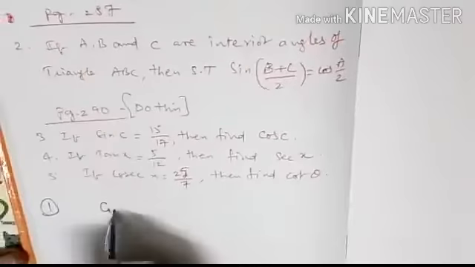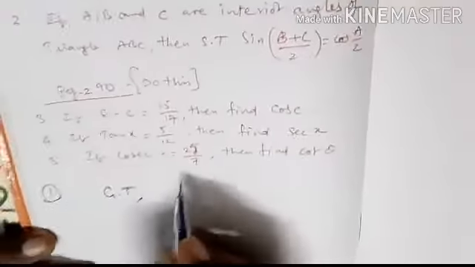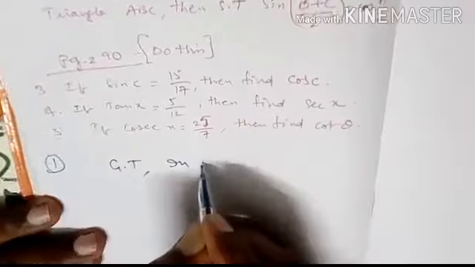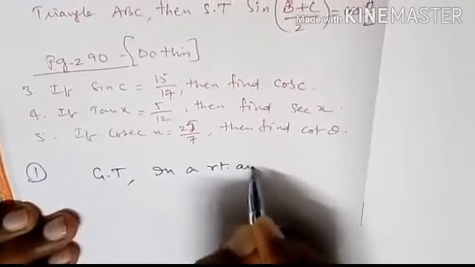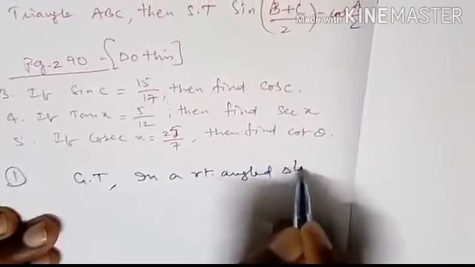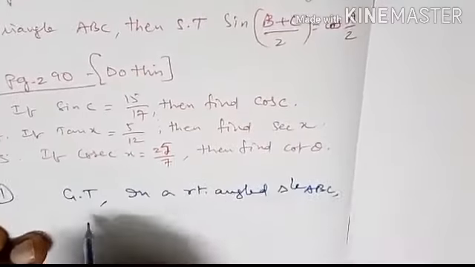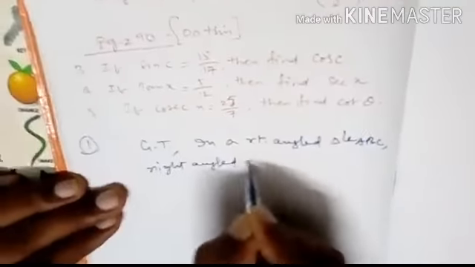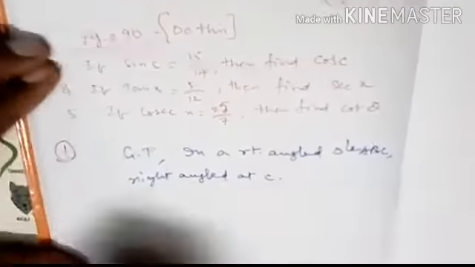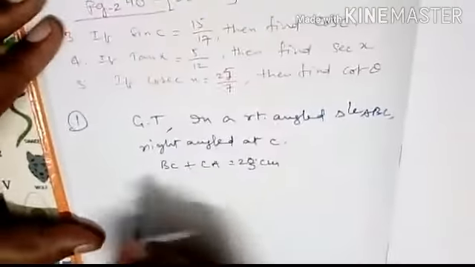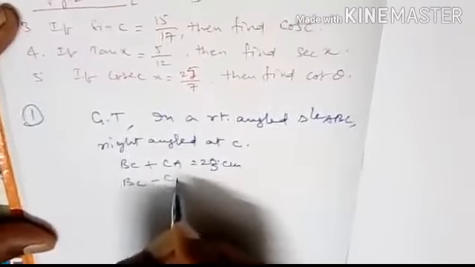Given that in a right angle triangle ABC, right angled at C, BC plus CA is equal to 23 centimeters and BC minus CA is equal to 7 centimeters.